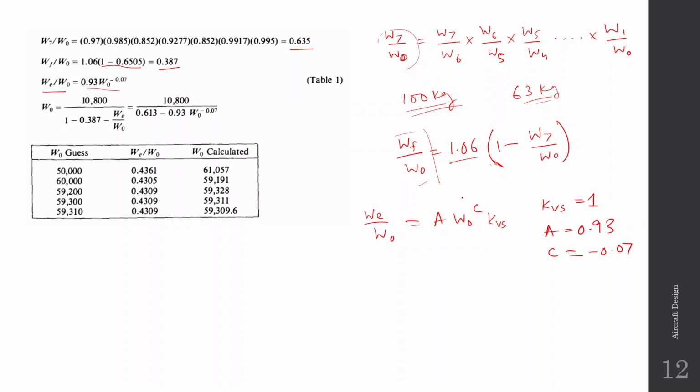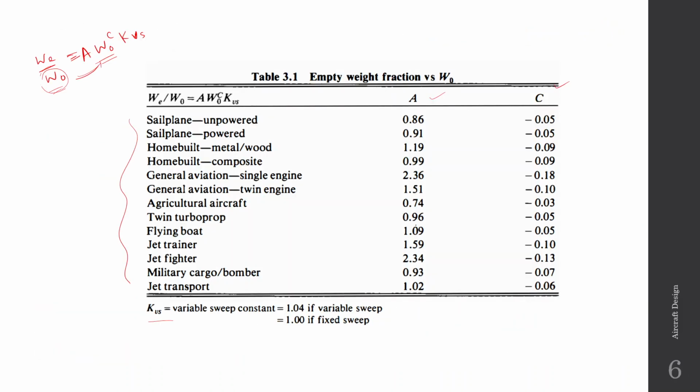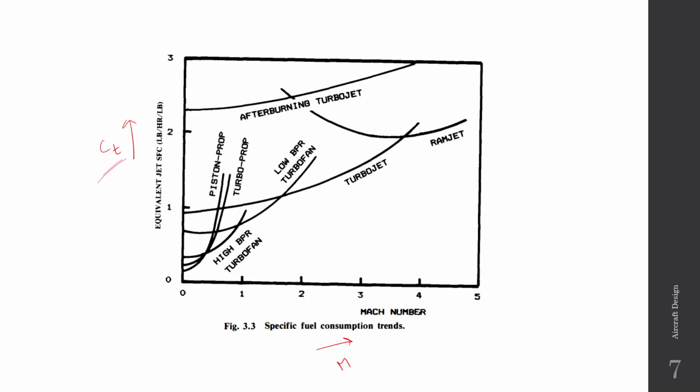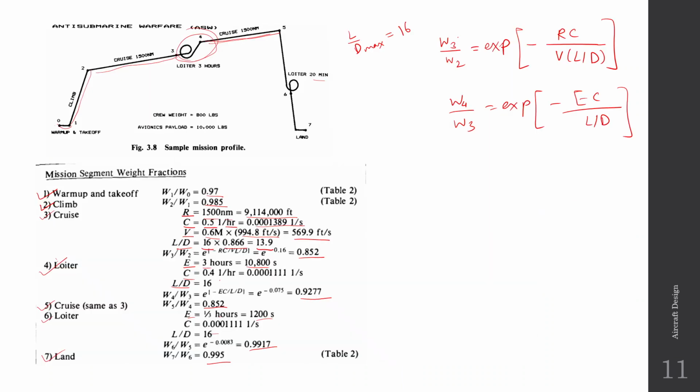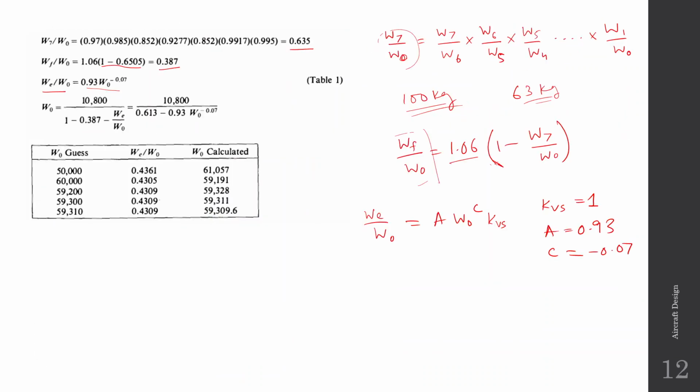So we can go to the table and check which kind of aircraft they have considered. You can see this is a military cargo or bomber aircraft with a value of 0.93 and C value of minus 0.07. Okay, and when you put all these values, we get this final formula.